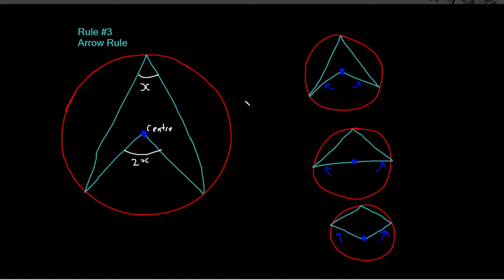So for example, if this angle here is, maybe we need it to be 70 degrees, then this angle would be 140 degrees.